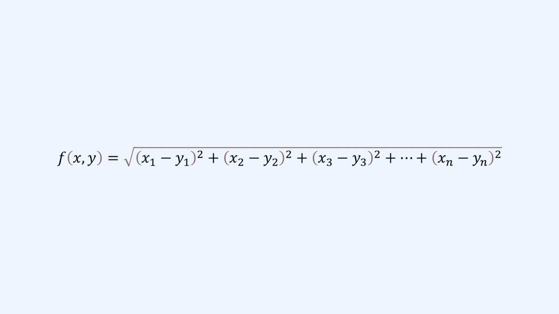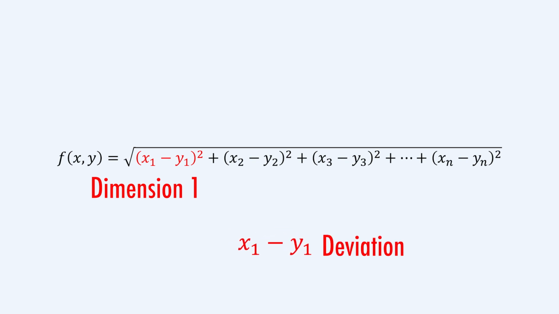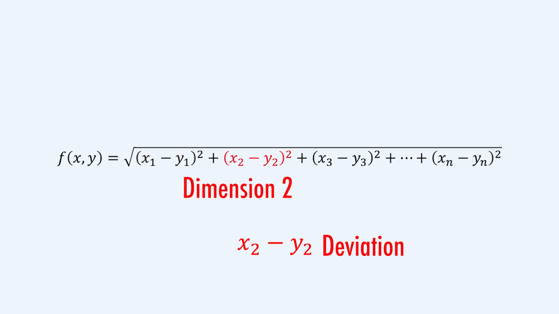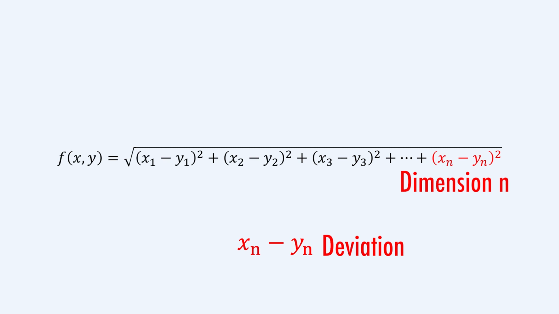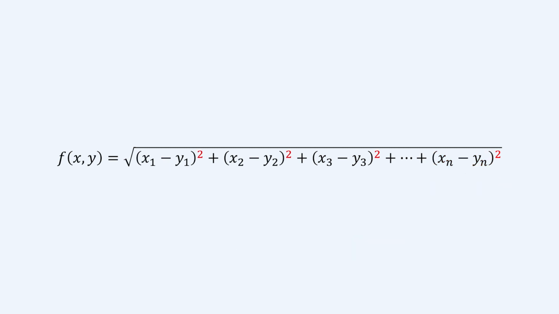Each term under the square root represents a dimension, and we calculate the deviation of the two observations in that dimension. We do this for dimension 1, dimension 2, dimension 3, and so on until dimension n. We square all of these deviations, we add them, and then we apply the square root.